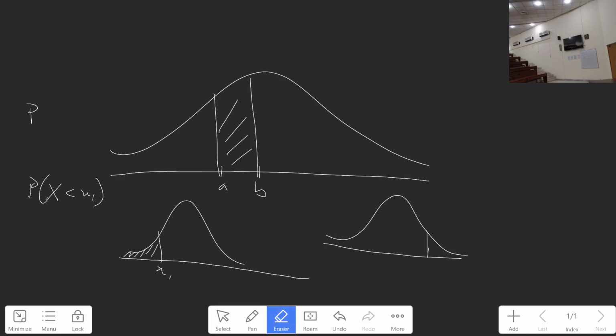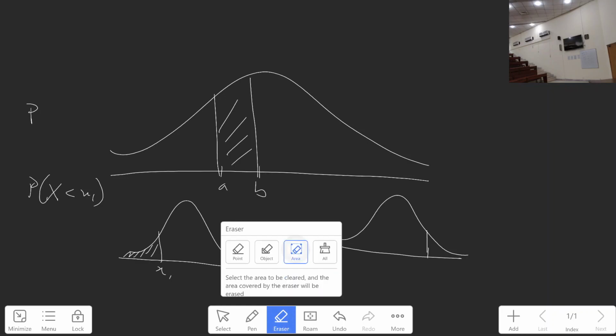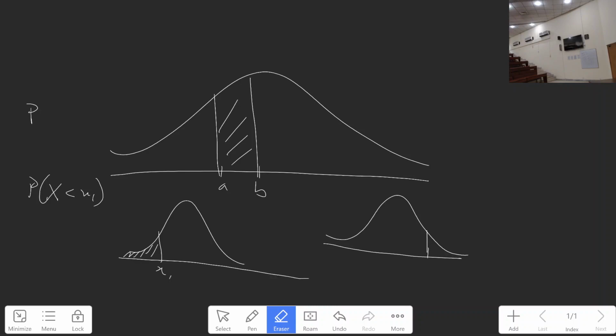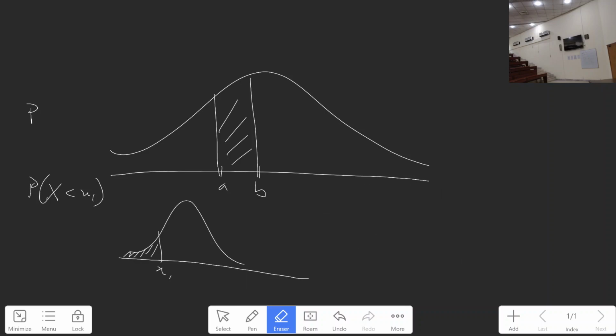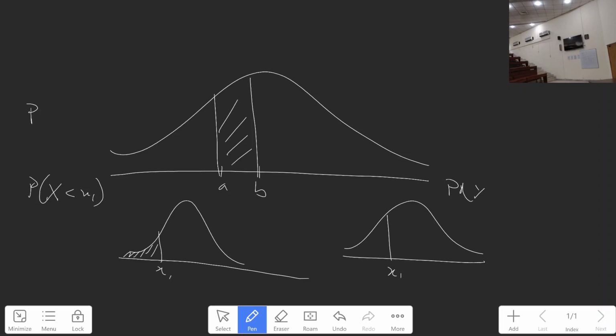Okay, let's do the simple one first maybe. So you have a Gaussian distribution and I want you to find the probability x is greater than x1. So what would that be? Definitely this area.